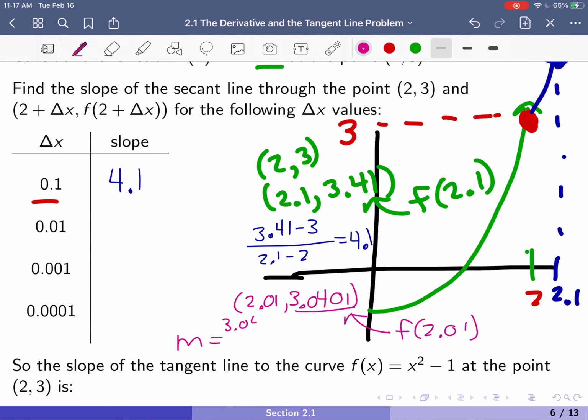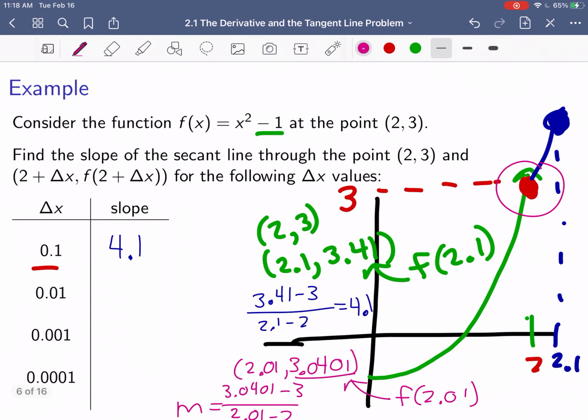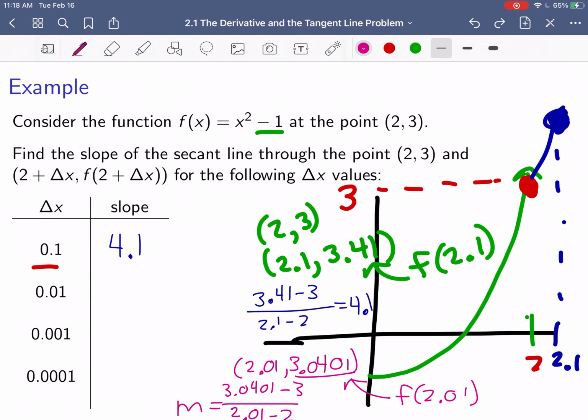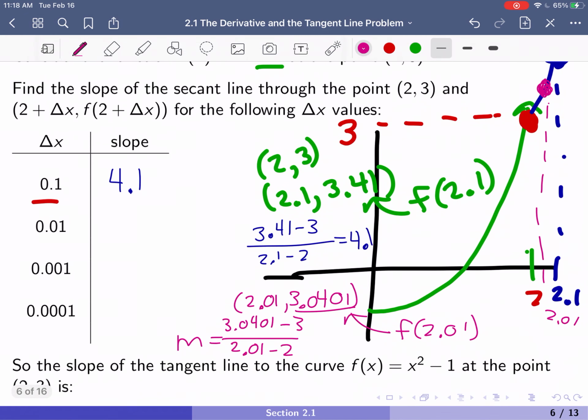So we'll take the change in the y values, 3.0401 minus 3 over 2.01 minus 2. We're looking at the slope between this same point, 2 comma 3, the point we're approaching. We're only going to change the second point every time. And when we find the slope, we get 4.01.